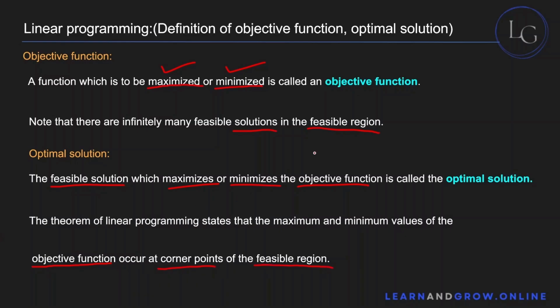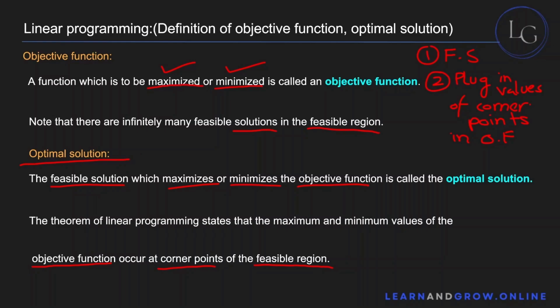So simply, number one, find the feasible solution. Number two, plug in values of corner points in the objective function, and that will give you the optimal solution.